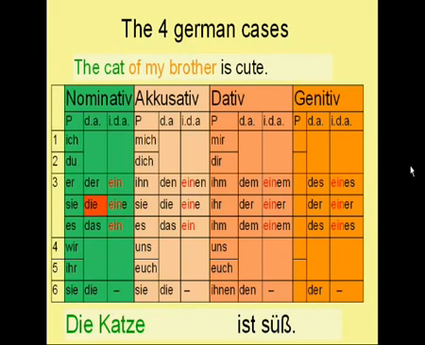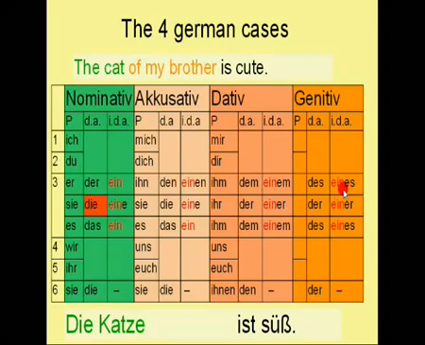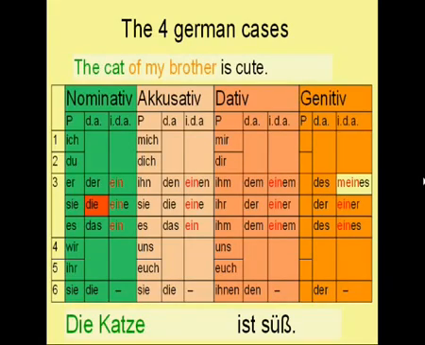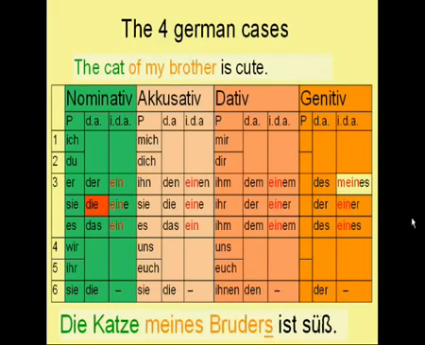We also know that my brother is in the 3rd person singular and is masculine, therefore we have to replace this one. And we replace it with mein, because the possessor of my brother is in the 1st person singular. Here is how it looks when it's replaced: meines. And the sentence reads, Die Katze meines Bruders ist süß.